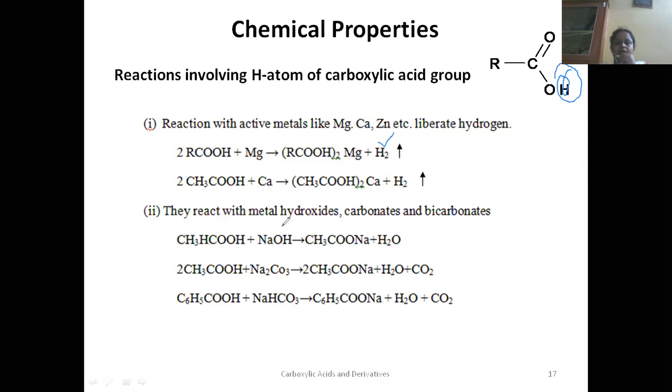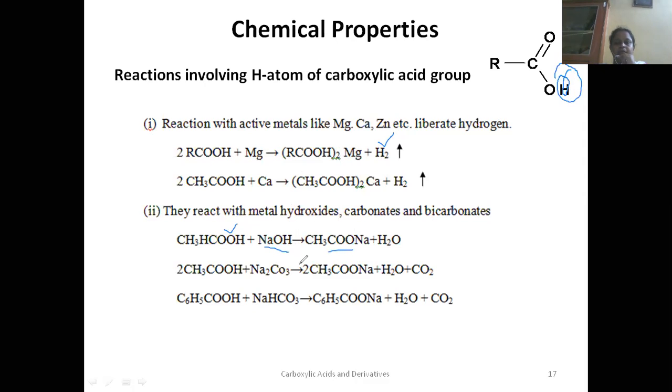There is one more reaction where this hydrogen is involved. That is the reaction when carboxylic acid is reacted with hydroxides like NaOH, carbonates like Na2CO3, and bicarbonates like NaHCO3. Whenever a carboxylic acid is allowed to react with hydroxides, the sodium salt, sodium acetate, is formed.